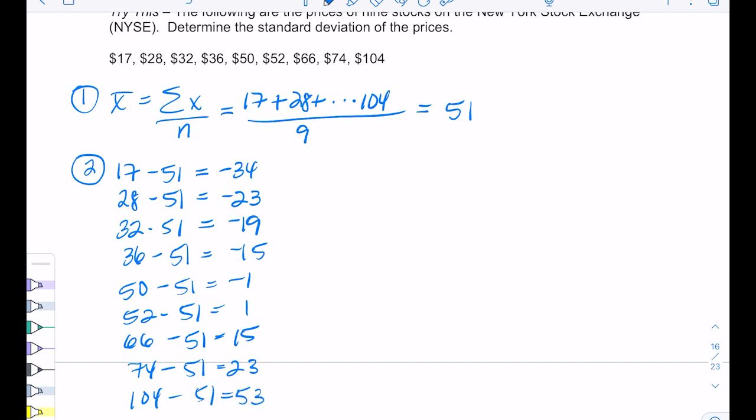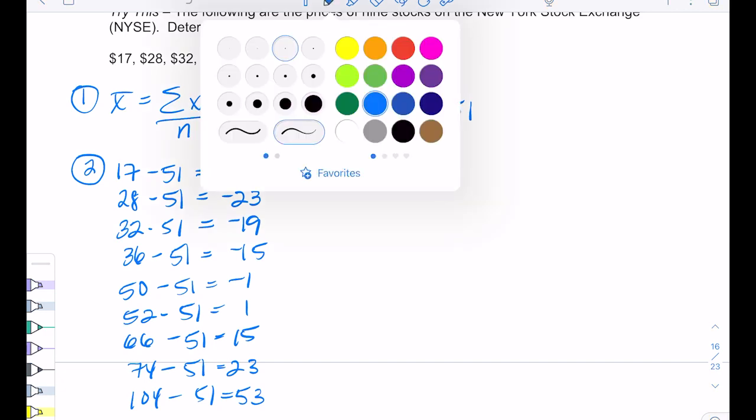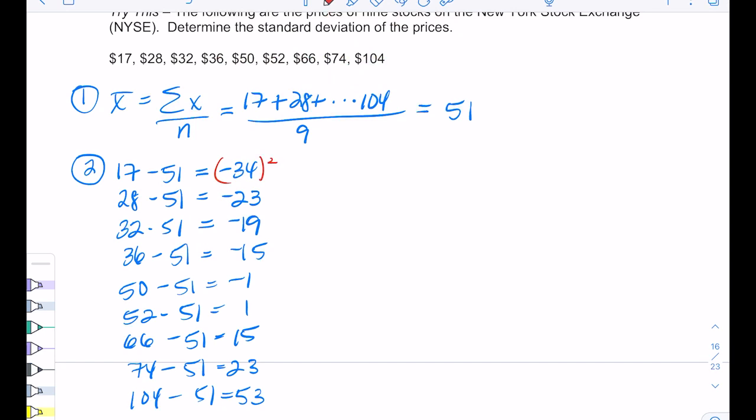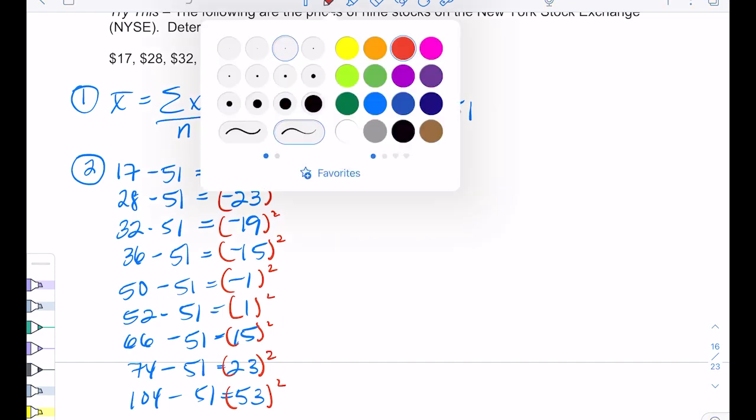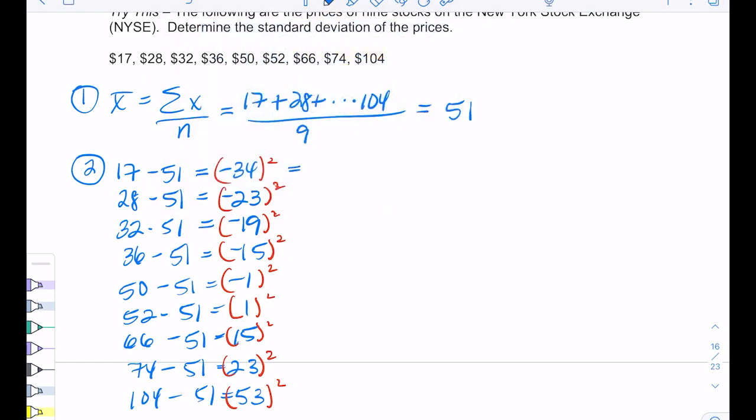Now in step number 3, you're going to take each of these values that you just found and you're going to square all of them. Remember, we're making them positive. You can't have negative distance. So squaring will just remove the negative, and then at the end we take the square root to undo what we did.